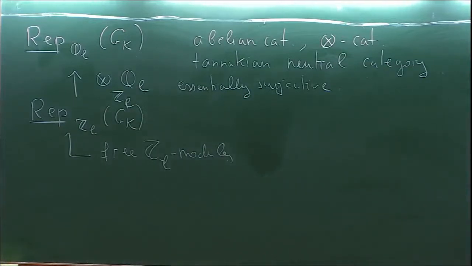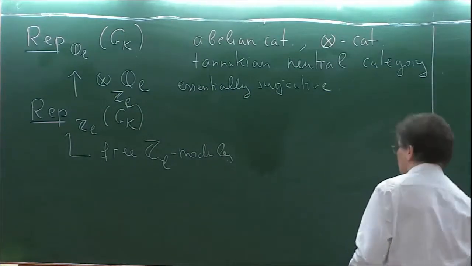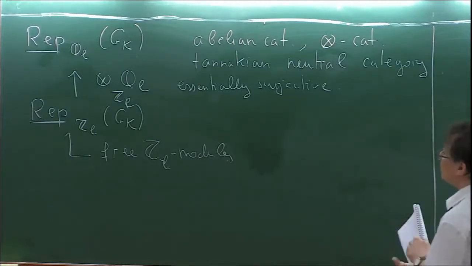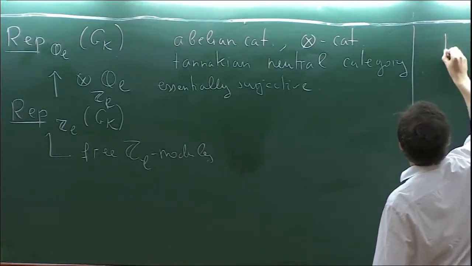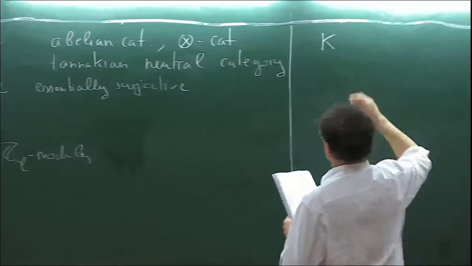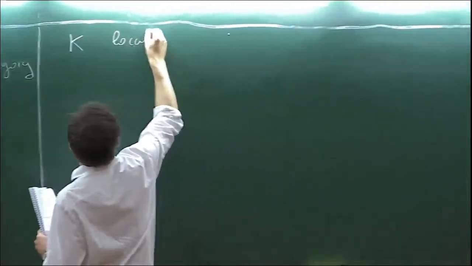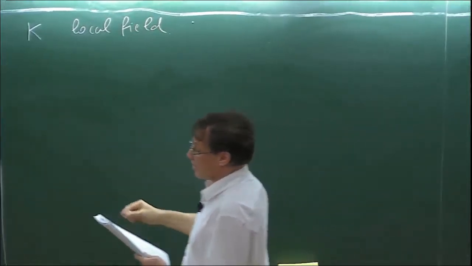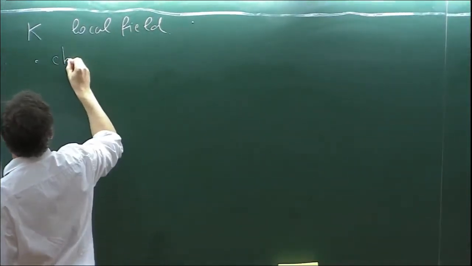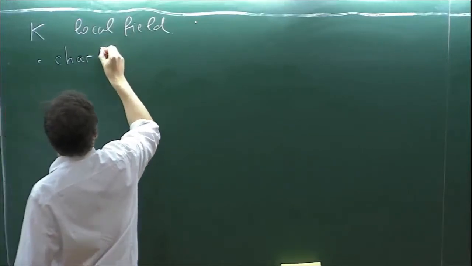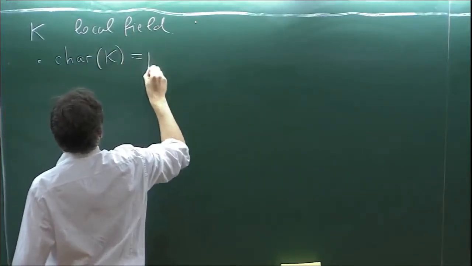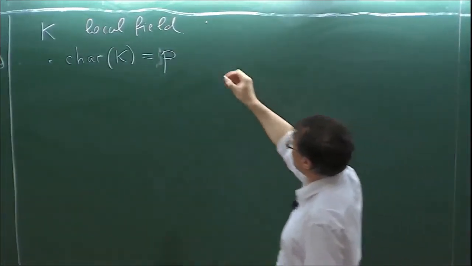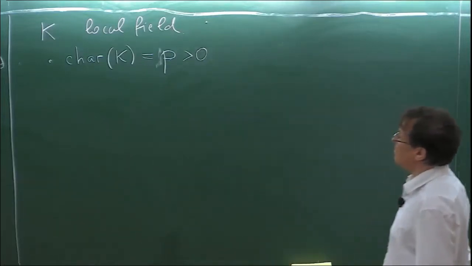So let's now consider the case of local fields. So from now, K is a local field. So we have two cases. We have the non-zero characteristic case. Denote the characteristic by p.